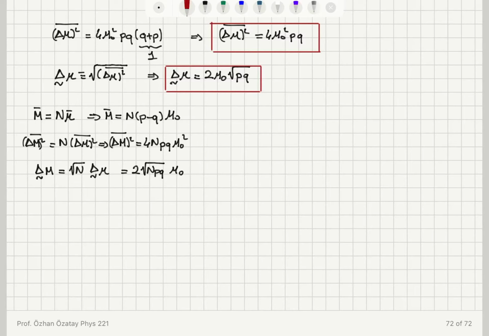So basically I have found the average total moment, the variance of the total moment, and the standard deviation of the total moment. So let me rewrite this one here: 2 square root npq mu 0.